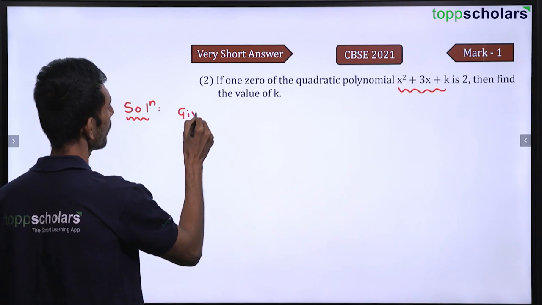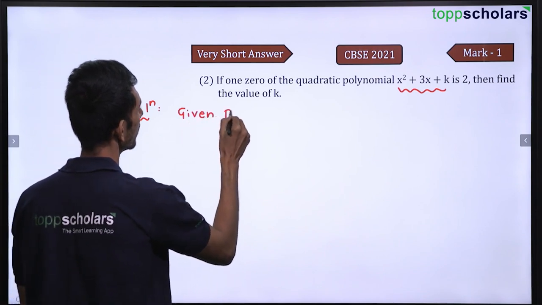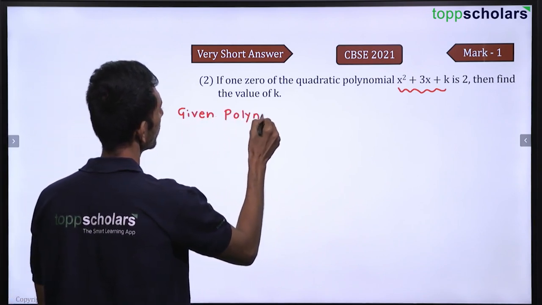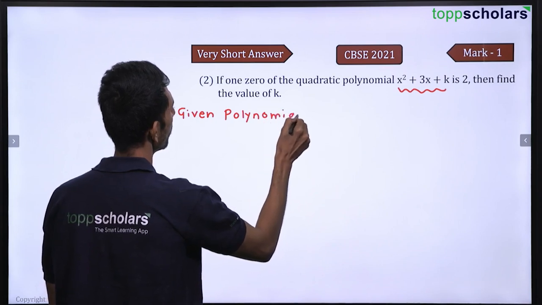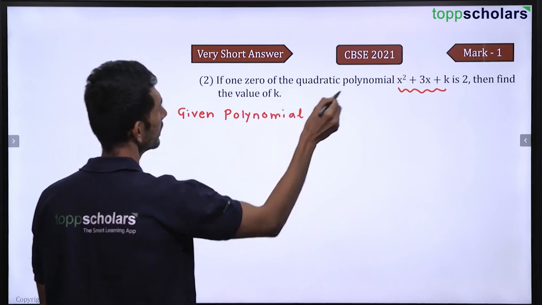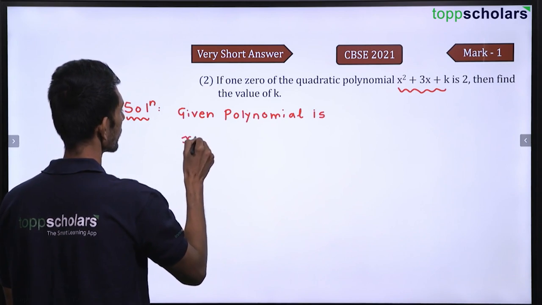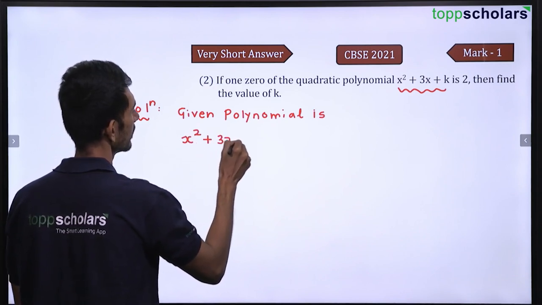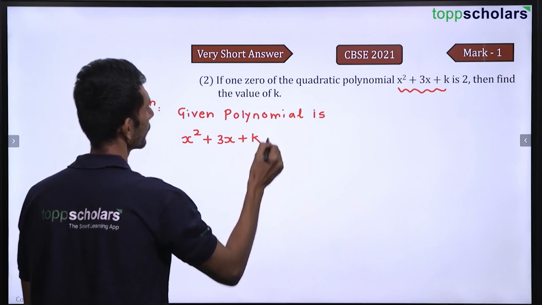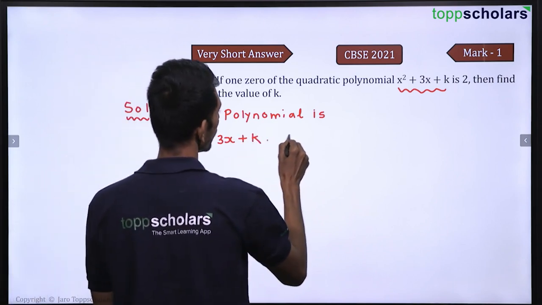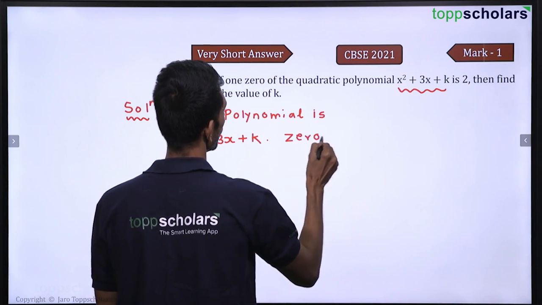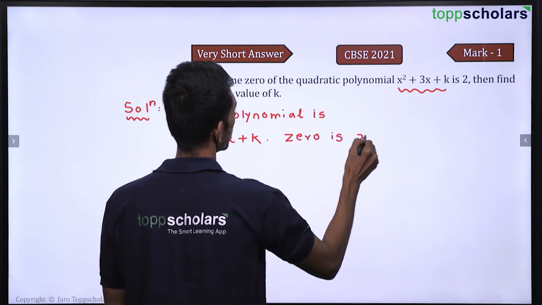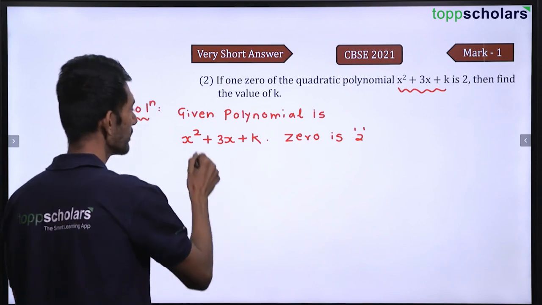So the given polynomial is x square plus 3x plus k. One of the zeros is how much? One of the zeros is 2. So we can put x as 2.